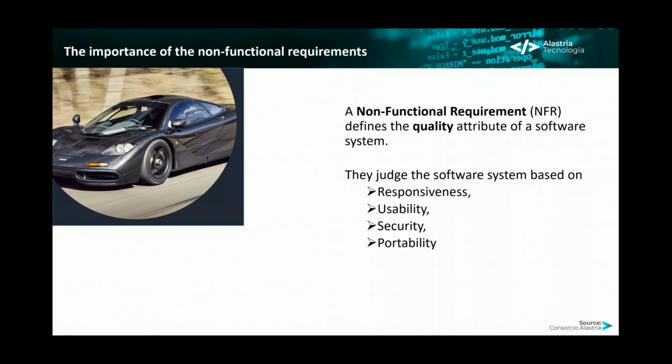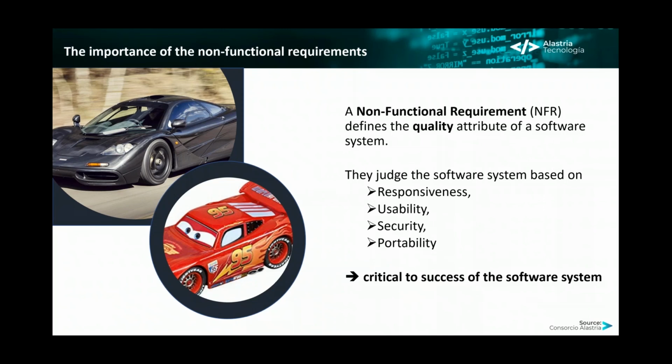On security, it is going to be an open car, or going to have airbags and things like that. Then the portability. Then finally, what you are going to do is create this kind of car. That is a toy car, that is fine. It's a car, it has four wheels, it's a speedy car, but it's not what the client wanted.